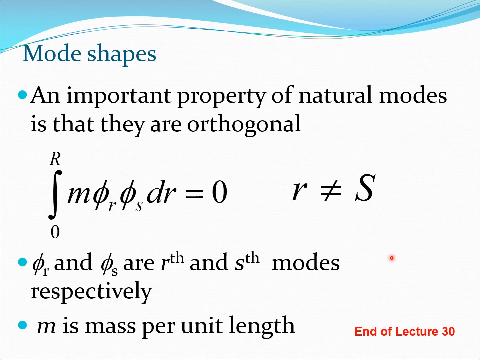One more important fact which we are going to use in further studies as we tackle response solution is that the natural modes are normal or orthogonal. So essentially that means that the integral from 0 to R of m phi_r phi_s dr equals 0 whenever r is not equal to s.